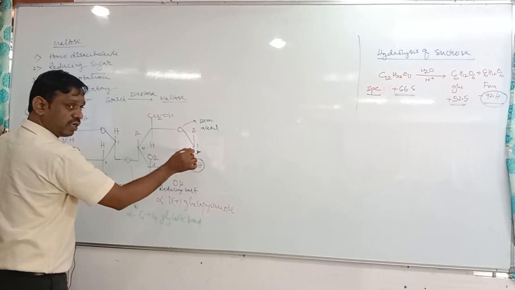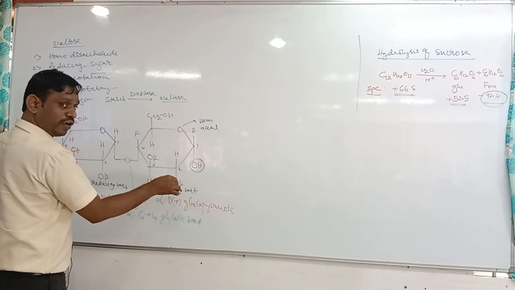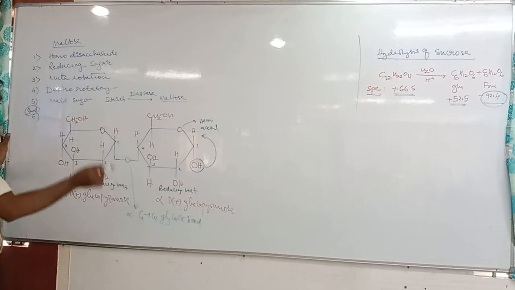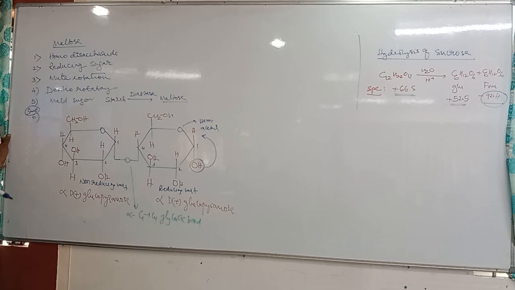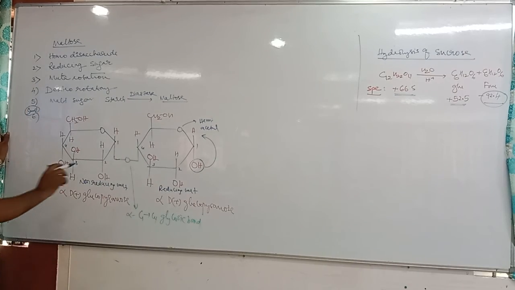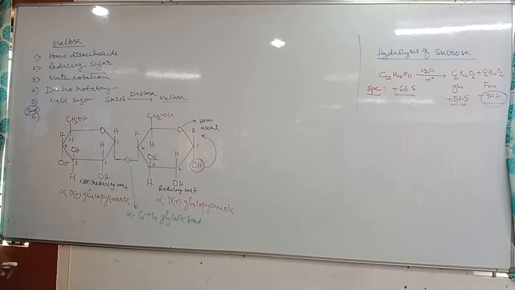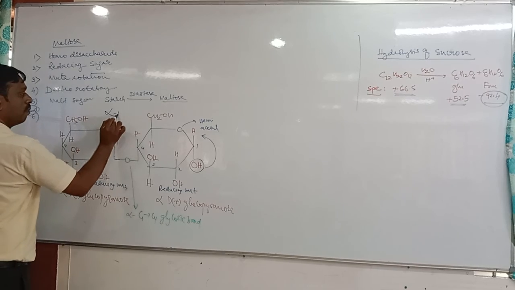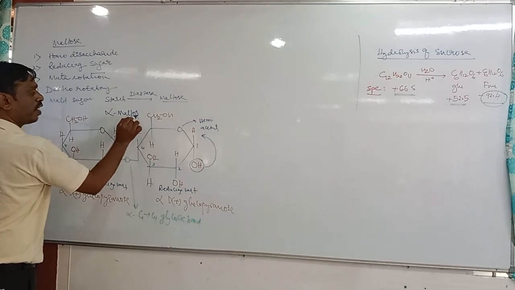This is the anomeric carbon. On this anomeric carbon, it is now alpha. It may convert into beta. So anomeric alpha and beta forms are possible. Now tell me whether this molecule is alpha or beta maltose. It is alpha maltose, because this is fixed, and on this carbon there is an alpha.